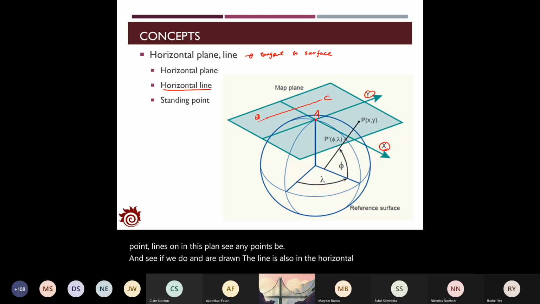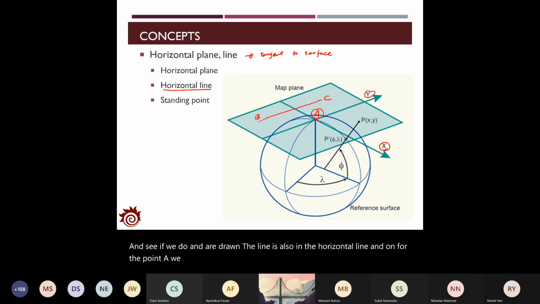And for the point A, we just call it the standing point. This is the most critical point for you to define the horizontal plane on the Earth. So that's the definition of the horizontal plane and horizontal line.